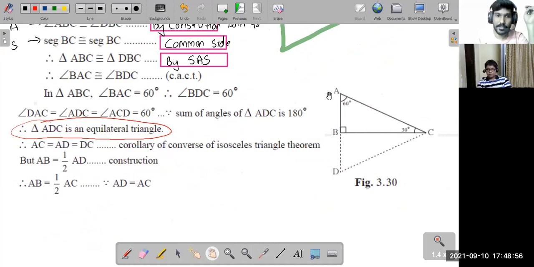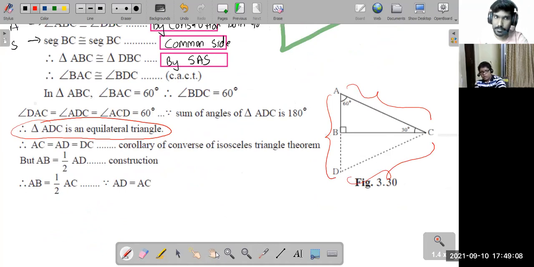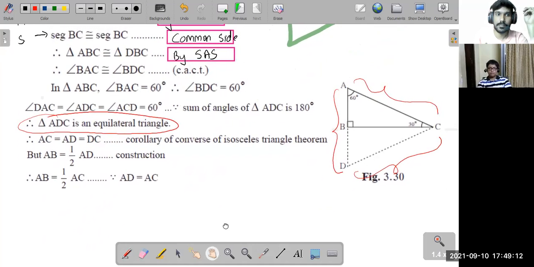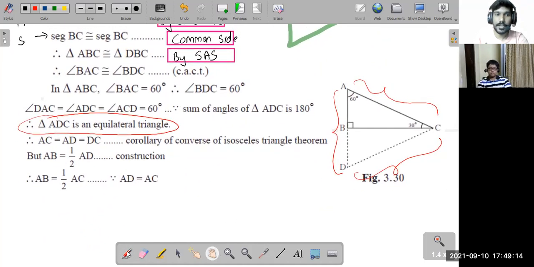That means AC should be equal to AD, should be equal to DC, all these three sides. Got it up to here? Yes, sir. Okay. But if you notice one thing, we had constructed AB in such a way that AB and BD are equal to each other.